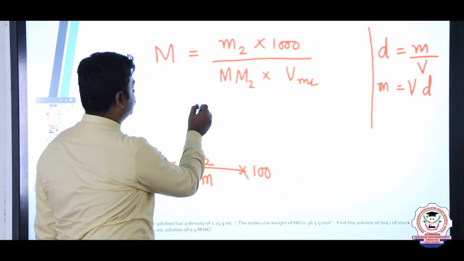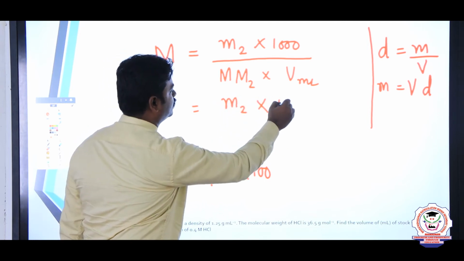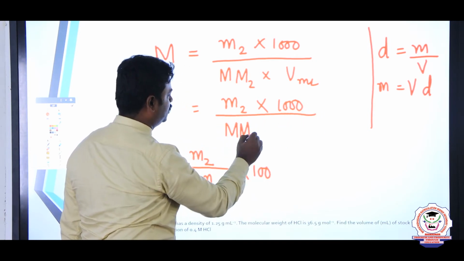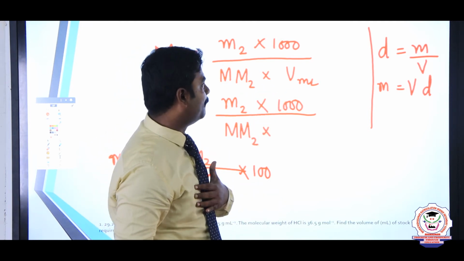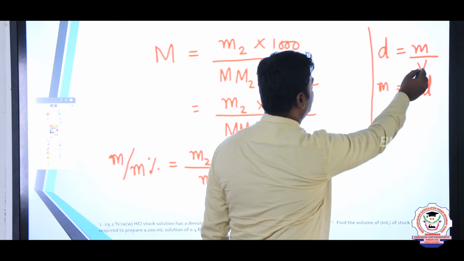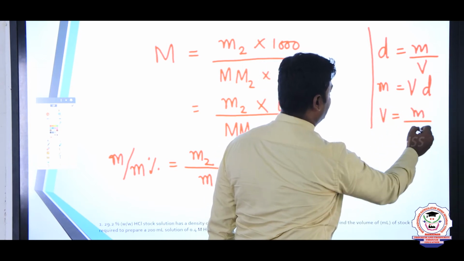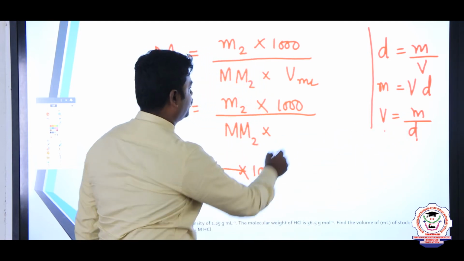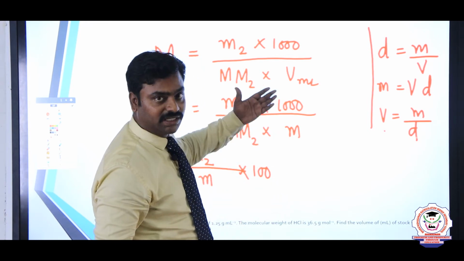Now see here, M2 into 1000 divided by molar mass of the solute into, instead of volume we are going to use mass, that is volume into density, or else volume is equal to mass by density. So I am going to put, instead of volume, mass by density. So mass of the solution divided by density, it will be going to the numerator.